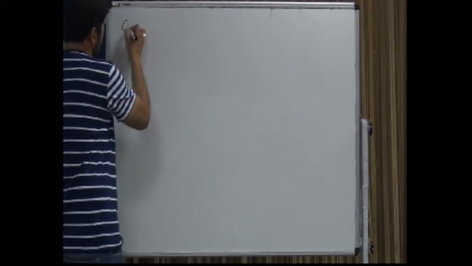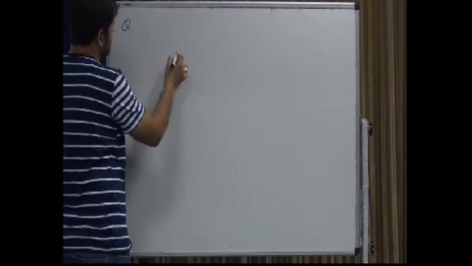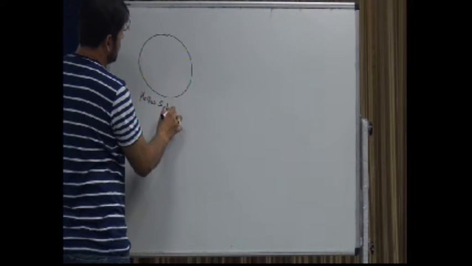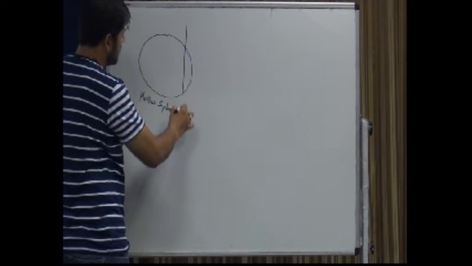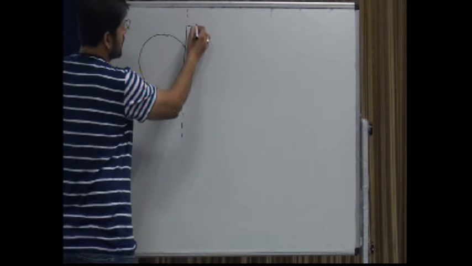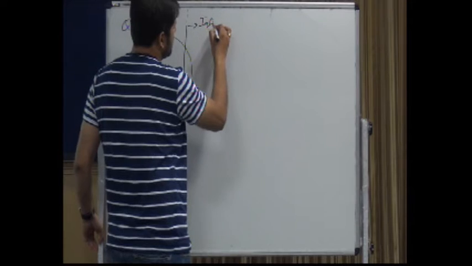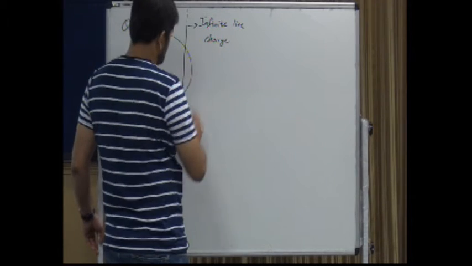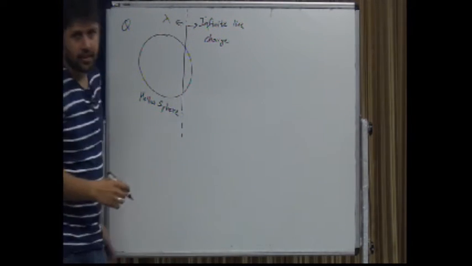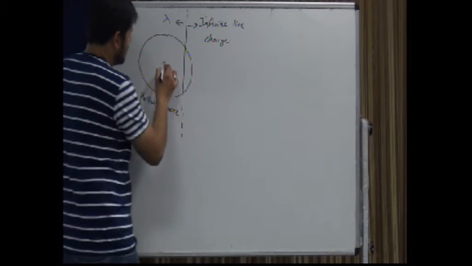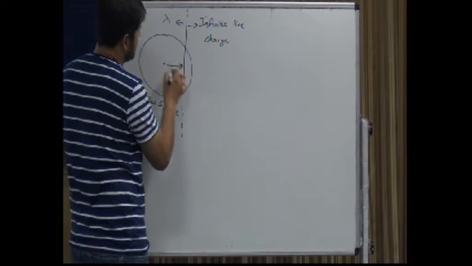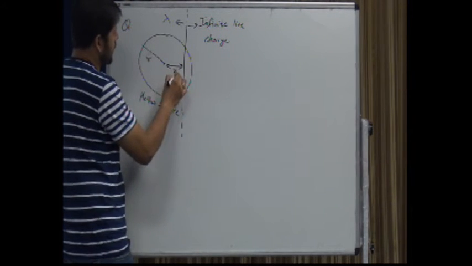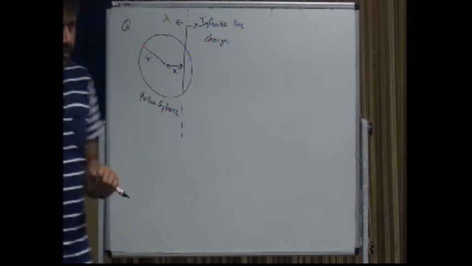The first question we have here is a hollow sphere, and there is an infinite line charge with charge density lambda passing through it. The radius is r, and the distance of the line charge from the center is x.